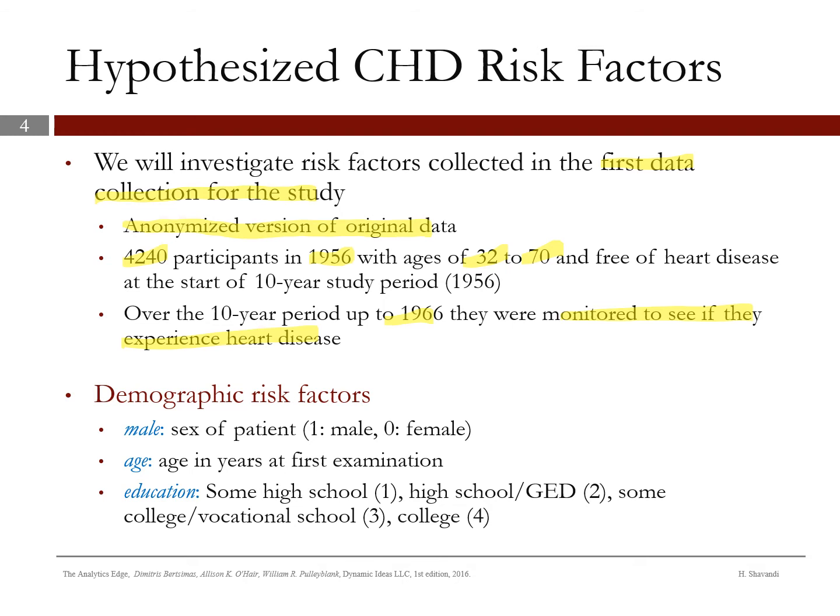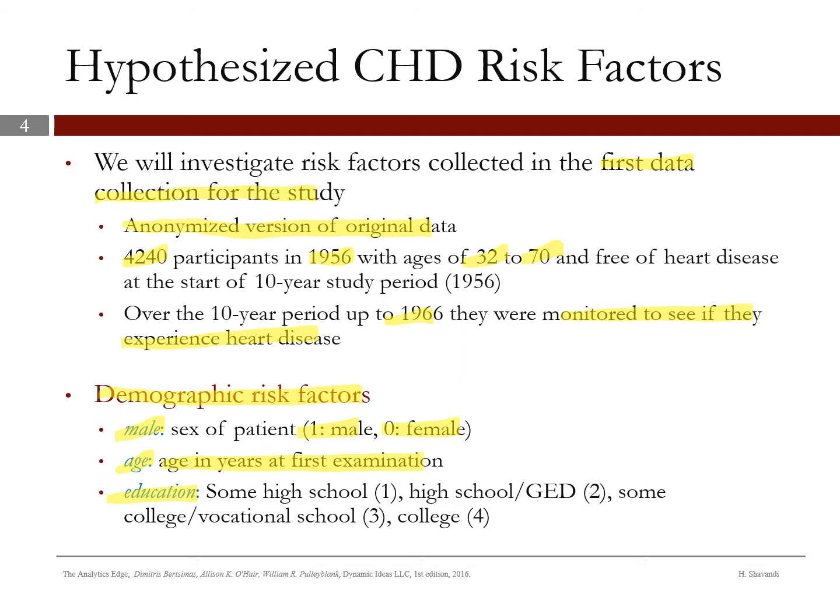In the category of demographic risk factors, we have male, age, and education. For male, we have binary values: 1 for this variable means the sex is male, and 0 means female. For age, we have the age in years at the first examination, I mean, at the start of the study.